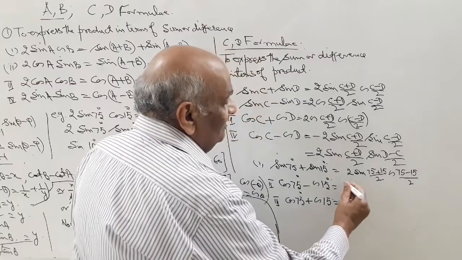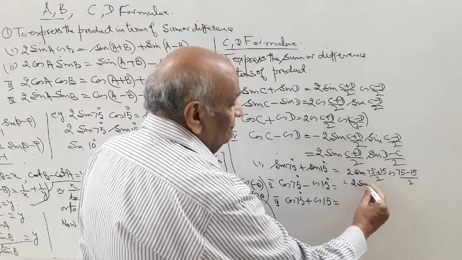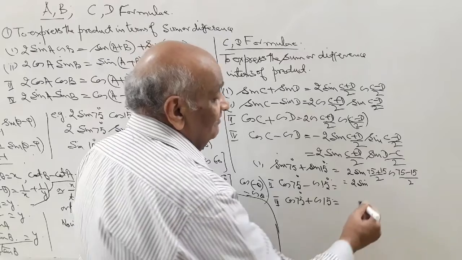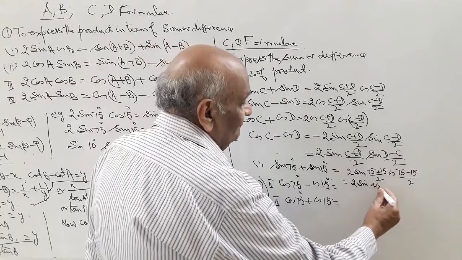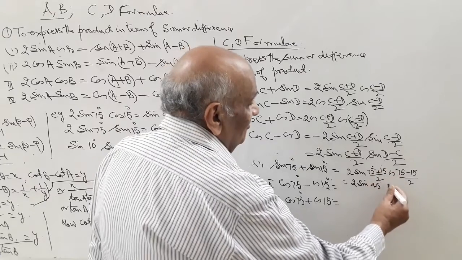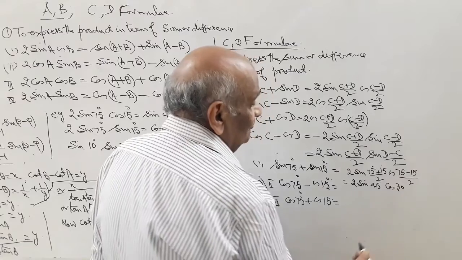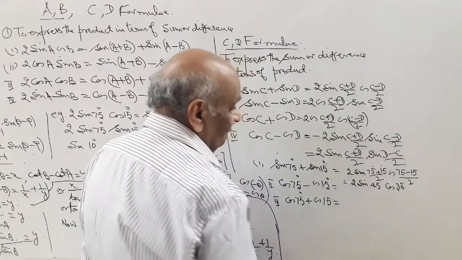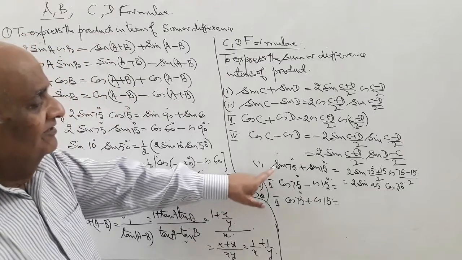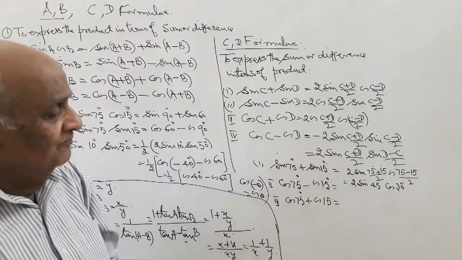So this is equal to 2 sine of, see, 75 plus 15 is 90, sine 45 degrees, cos, it is 60 by 2, cos 30 degrees. Check out. That is, we are able to express sine 75 plus sine 15 as this product.